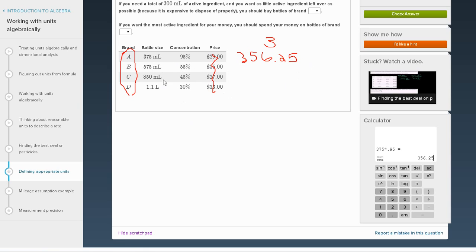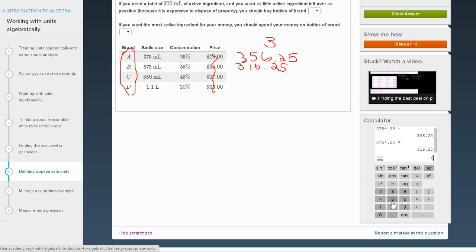So here, let's do the next one. 575 times 0.55, 0.55 being 55%, we hit equals. Ooh, that one's not bad, 316.25, so I'd only have 16.25 amount of active ingredient left over, so that's not bad.